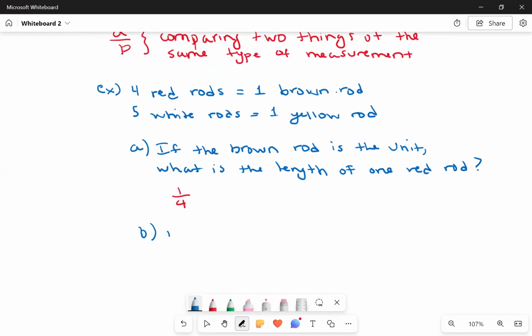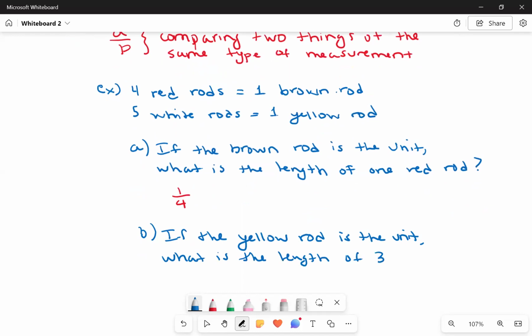If yellow is the unit, so they say if the yellow rod is the unit, what is the length of 3 white rods? All right, wrote it down.